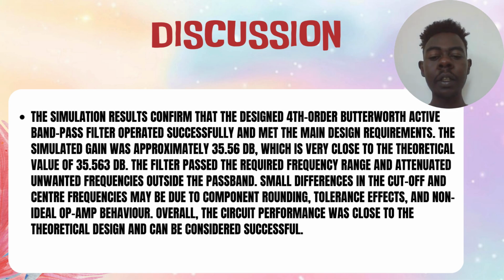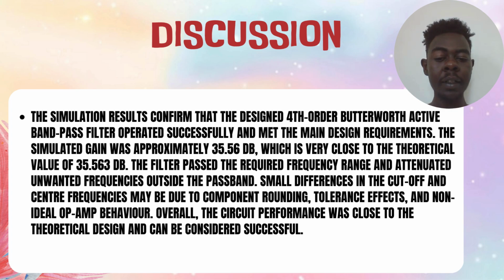In this video, we'll talk about the discussion. The simulation result confirms the designed fourth order Butterworth active band pass filter operated successfully and met the design requirement. The simulated gain was approximately 35.56 dB, which is very close to the theoretical value of 35.563 dB.